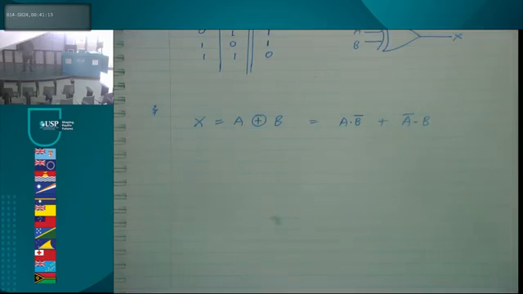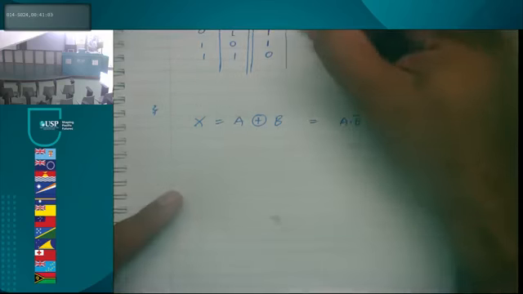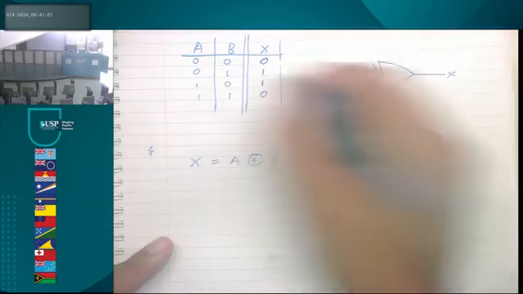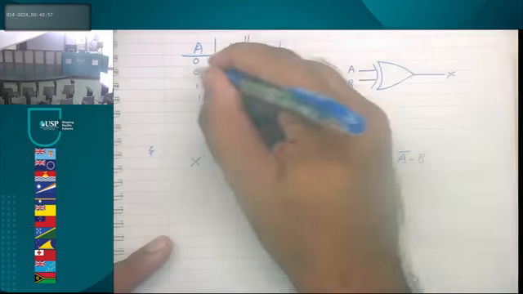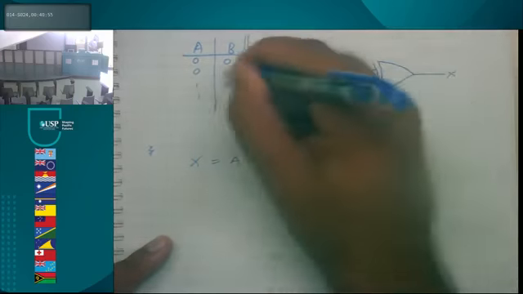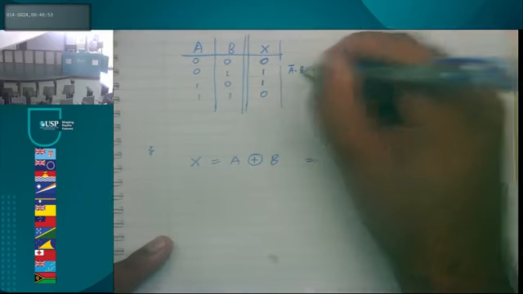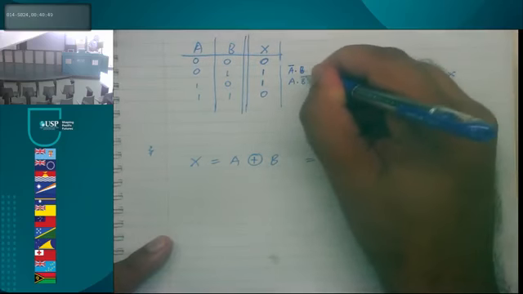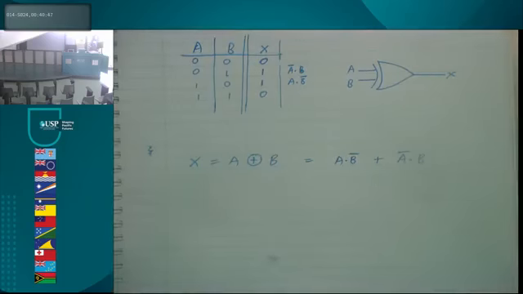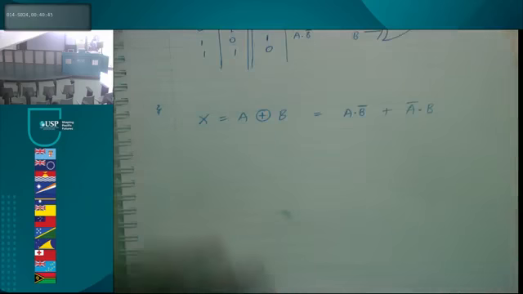The way we got it, and we'll do lots of this later, is you look for the ones on our truth table. You have A is 0, so that's A bar, and B. And over here, you have A and B bar, right? And you put it all together. We'll do a whole exercise on this later on.